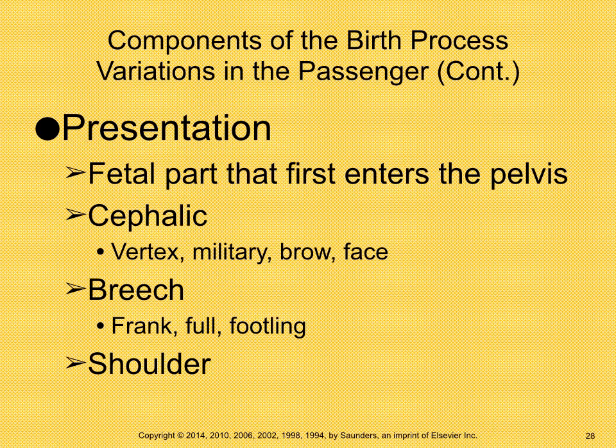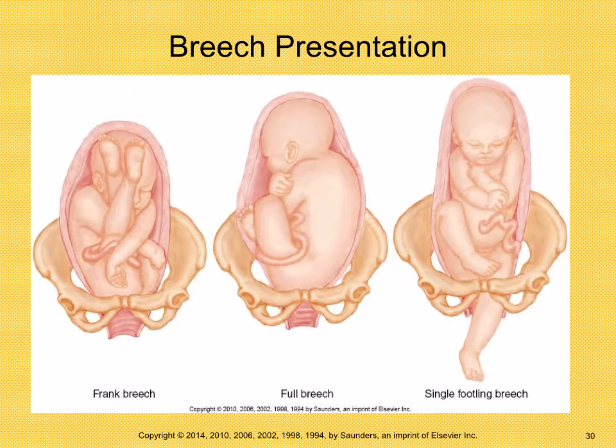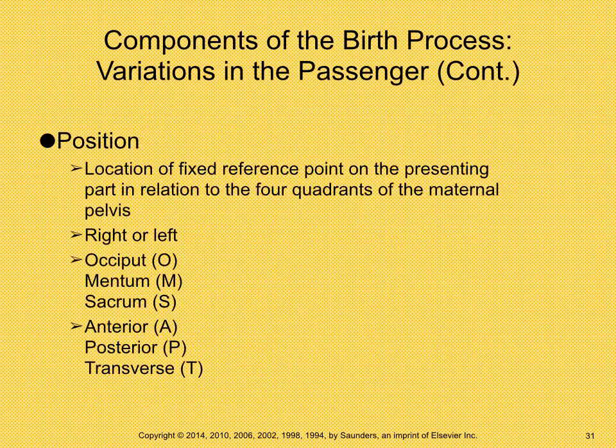Breech presentation means their baby bottom would be presenting first. A frank breech would be a full baby bottom, while a footling breech would be a bottom with one foot extended into the lower part of the pelvis. Or a shoulder presentation, where there's no fetal head, and it's more the shoulder presenting into the pelvis. It's not a position for birth vaginally. We can see some examples of those presentations in those photos.